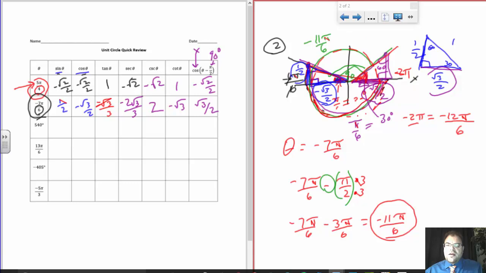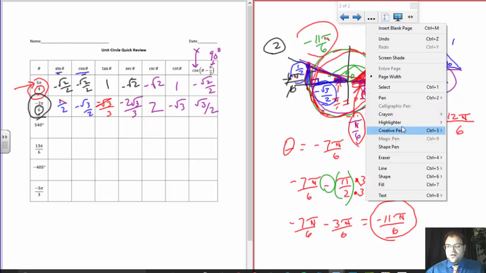I only want to go this far. I'm not going 12 different pieces of this pi. I'm only going 11 pieces. So I stopped here. I know this extra piece has to be pi over 6. That's how much further I had to go to get to that complete circle. So this is the reference angle that we're using to make this triangle. That's how I knew that angle was going to be pi over 6. That's my explanation there. It's a good way of looking at it.